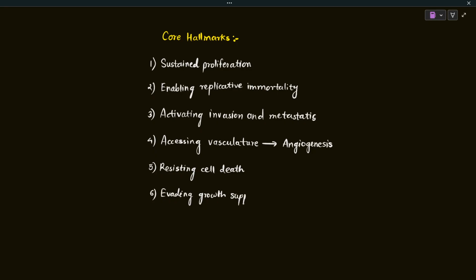For growth, you need to make sure of two things. First, you should have a sustaining, continuous proliferating signal, and second, you have to stop the inhibiting signals. Cancer cells do both.